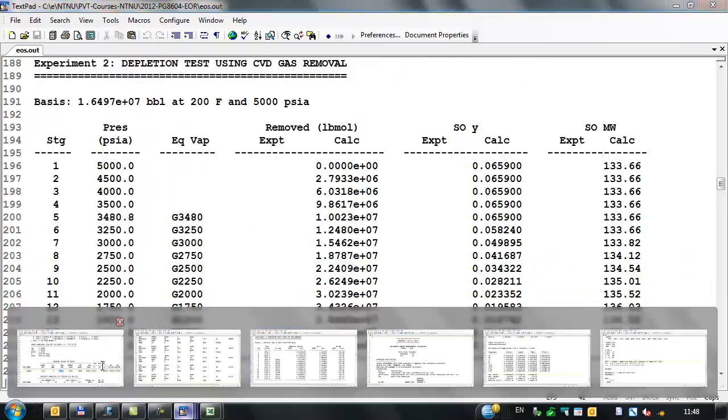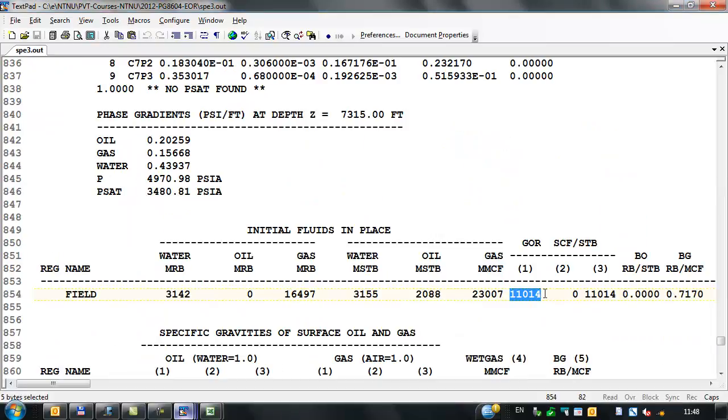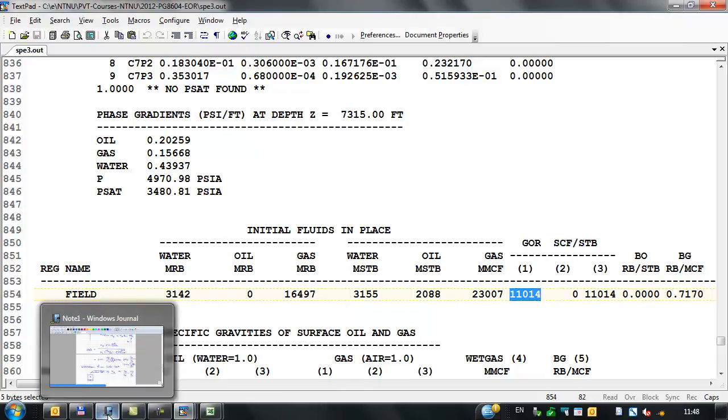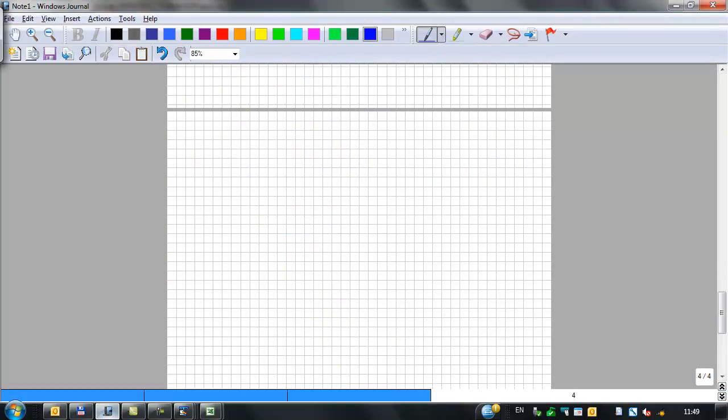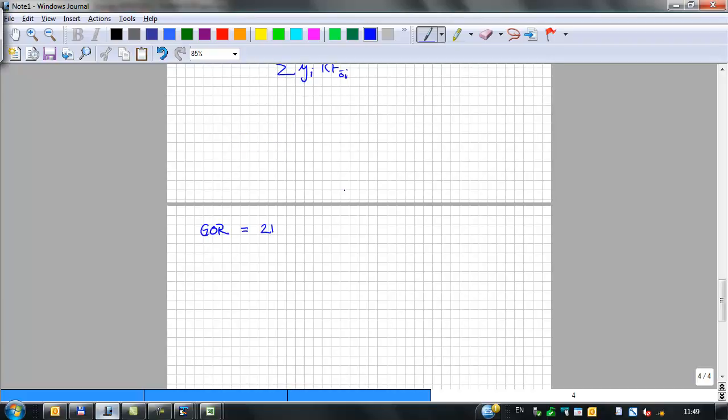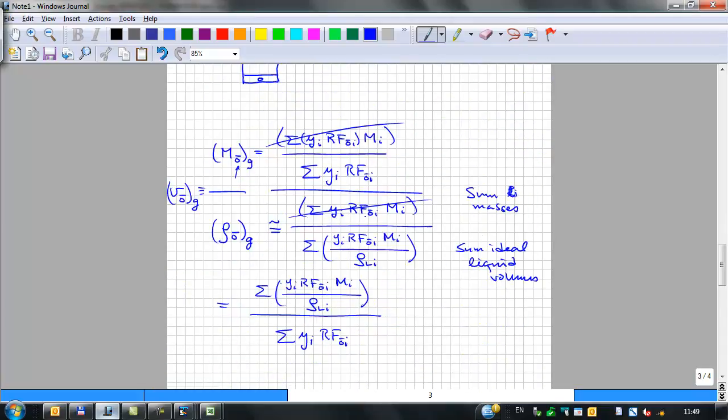So the GOR from the simulator is 11,014, right? We get this to work, then we'll take a break. Okay, so the GOR from phase comp was this 2140.